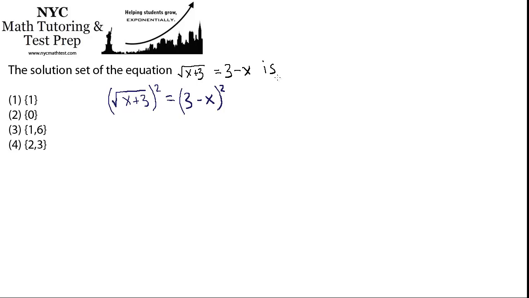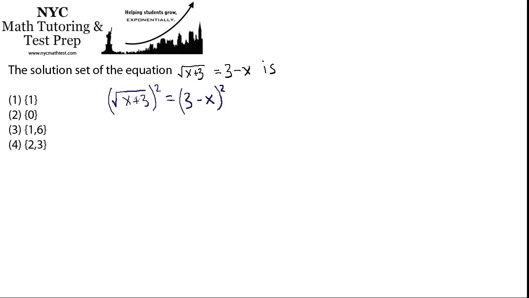Well, a larger order polynomial has more solutions. So what's actually going to happen here is we're going to solve this and get two solutions, but both of them won't necessarily work, and we'll have to go back and plug into the original and see if they both work, and it's likely that one of them won't. But let's keep moving forward and we'll see how it turns out at the end.